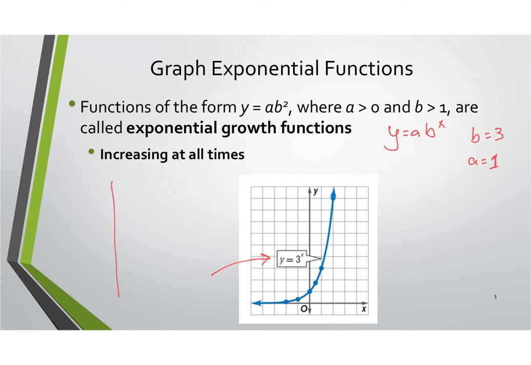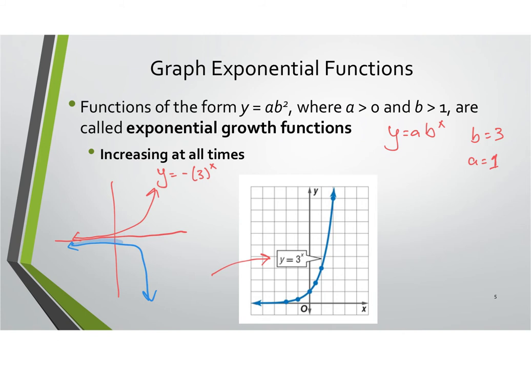If I have a as a negative 1, I'm going to do it over here, so I have y equals negative 3 to the x power. You're still going to have your growth graph, but a being negative flips it over the x-axis. It's going to look like this, and it'll go down.